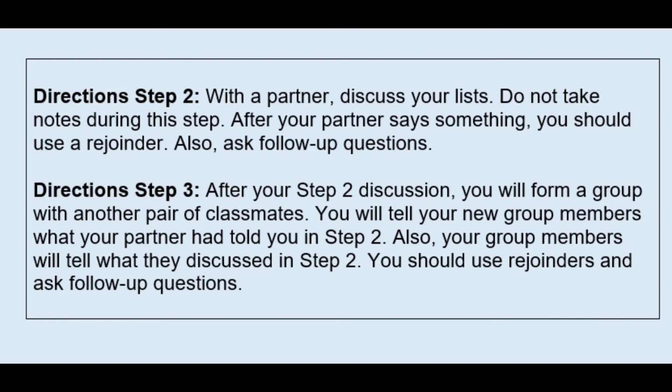And then the directions for step 3 are: after your step 2 discussion, you will form a group with another pair of classmates. You will tell your new group members what your partner had told you in step 2. Also, your group members will tell what they discussed in step 2. And you should use rejoinders and ask follow-up questions.